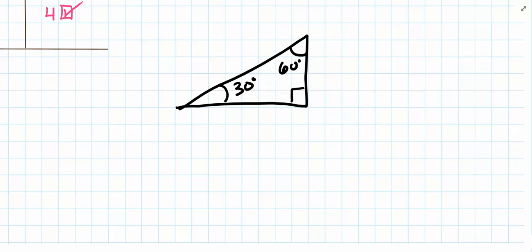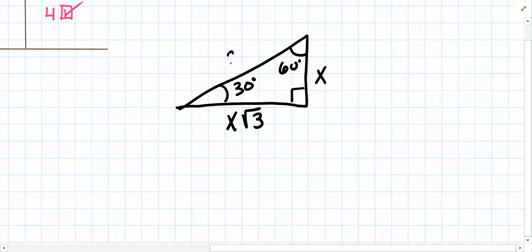Do you remember how they go from geometry? How do we label all these sides? What's across from the 60-degree angle? X root 3. X root 3, very good. What's across from the 30-degree angle? X, and what's across from 2x? Good. Okay, you've got to have this part memorized.